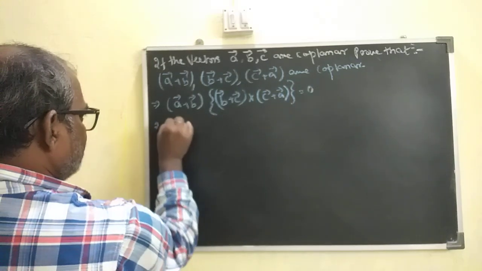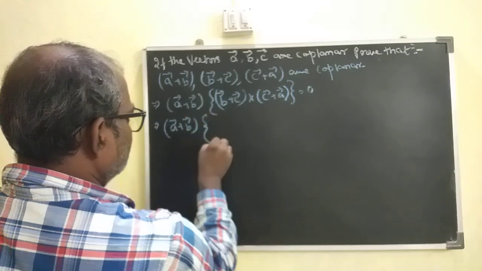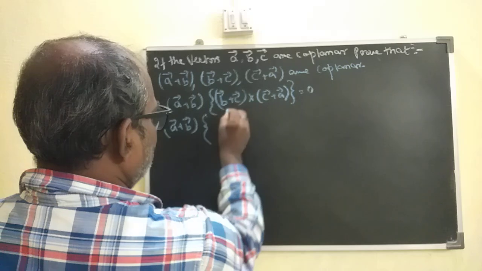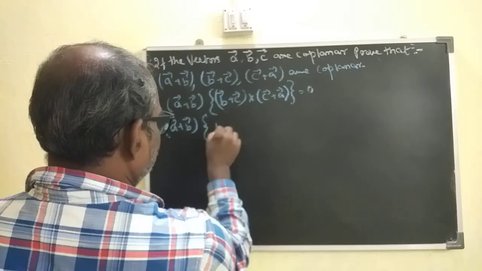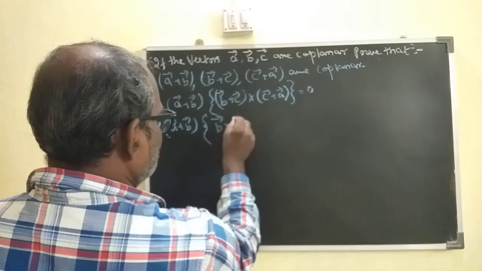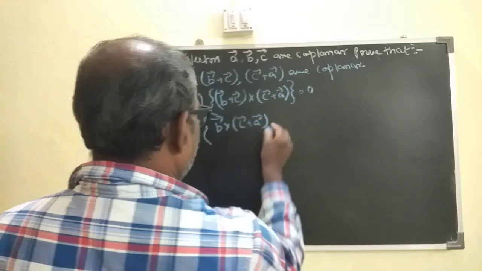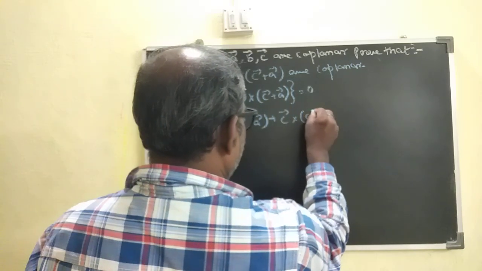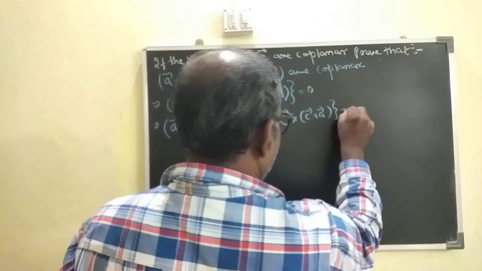This implies B cross C plus A, that is we can write down here B vector cross C vector plus A vector plus C cross C plus A vector equals 0.